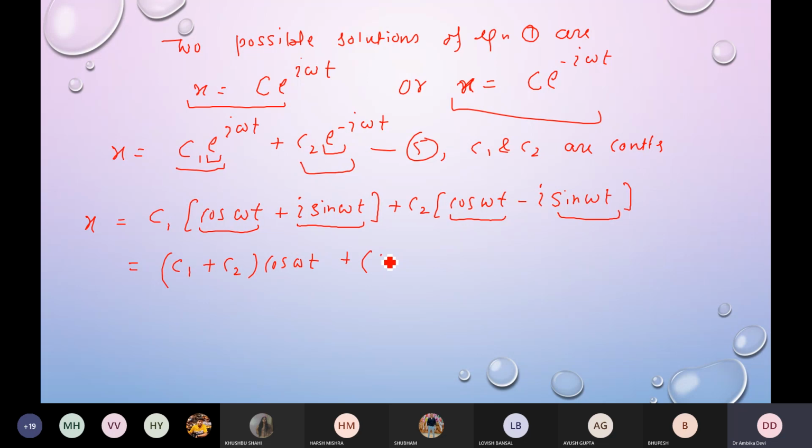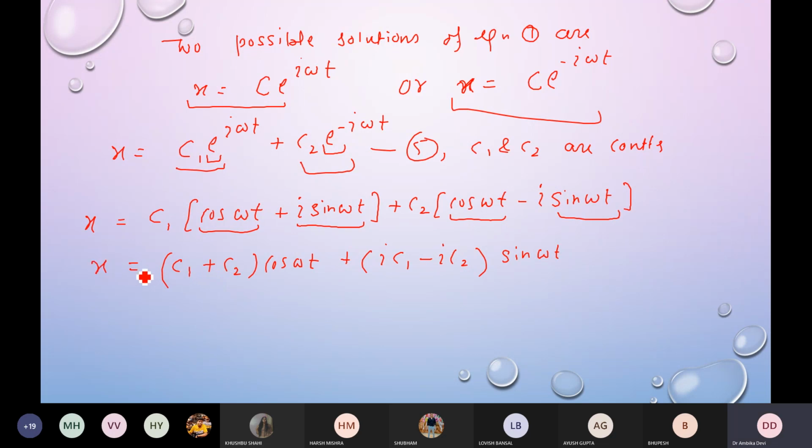So we can take iota c1 minus iota c2 outside, and then we have sin omega t as common quantity.